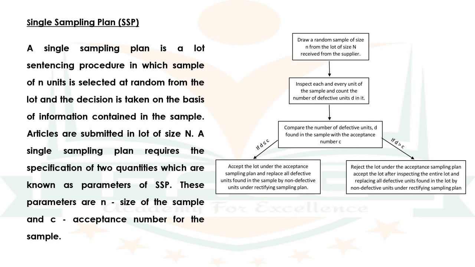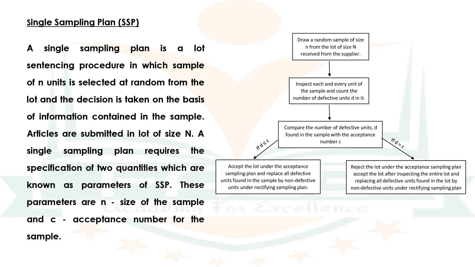Then, we compare the number of defective units D found in the sample with the acceptance number C. Here we have two options. If the number of defective units D is less than or equal to C, we accept the lot under the acceptance sampling plan and replace all defective units found in the sample by non-defective units under the rectifying sampling plan.